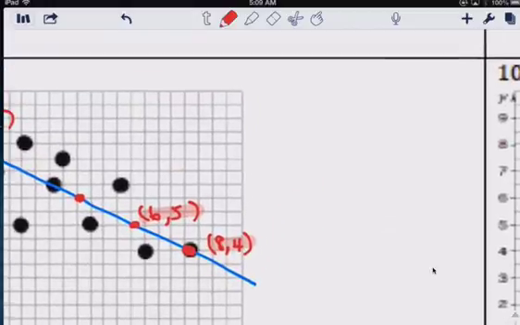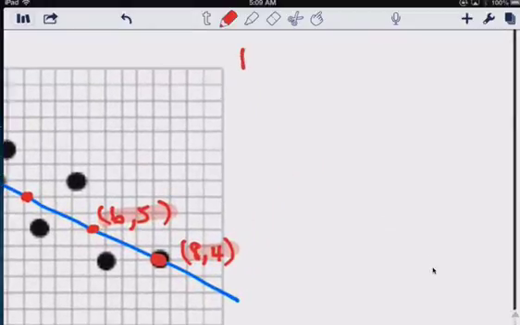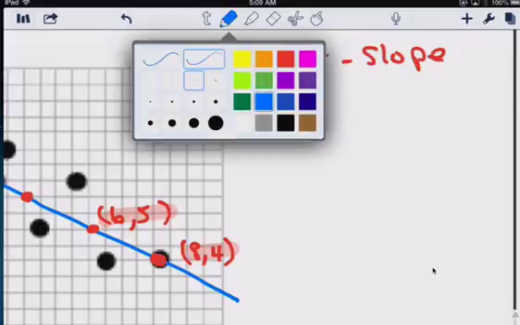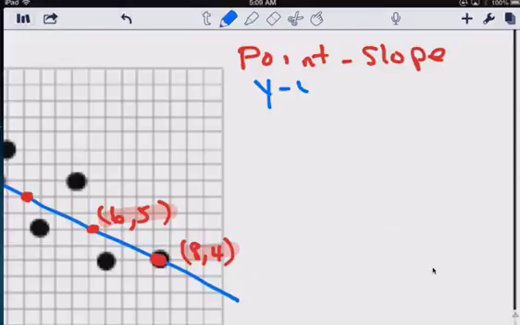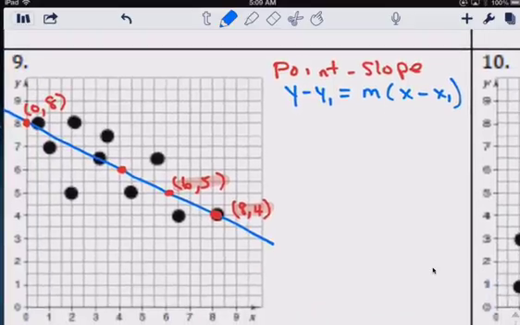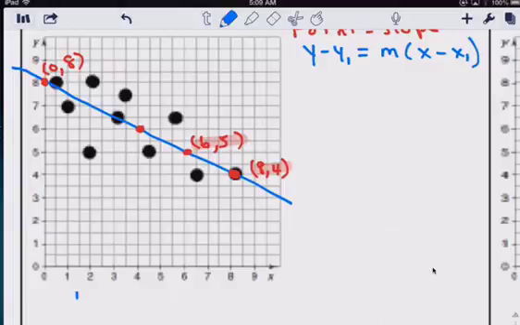Use the point slope formula. Remember to use point slope formula, which is y minus y1 equals m parentheses x minus x1. Okay. Let's find slope. Slope is y2 minus y1 over x2 minus x1.